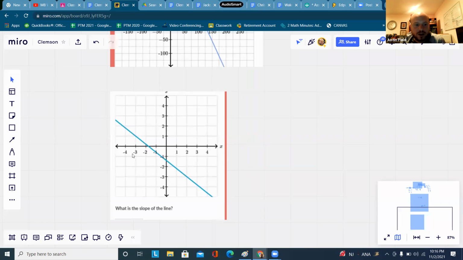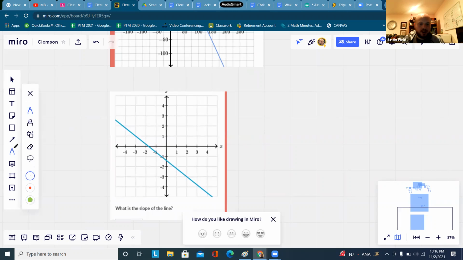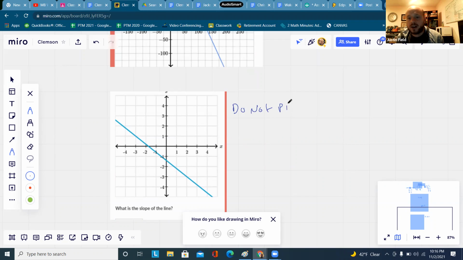So the answer is you just pick any two, but no decimals, okay? So do not pick decimals. Like Davina was saying about the estimating, when we're doing slope from a graph, we want to find the points that go exactly through an integer pair.